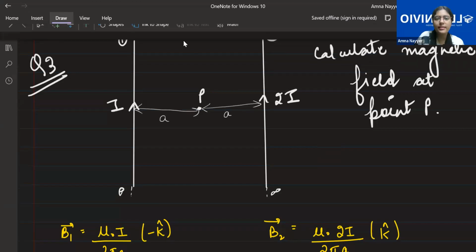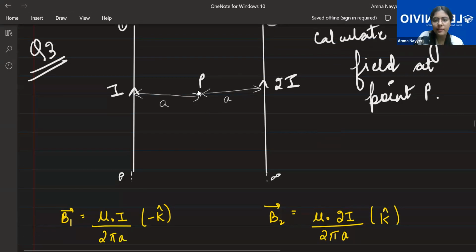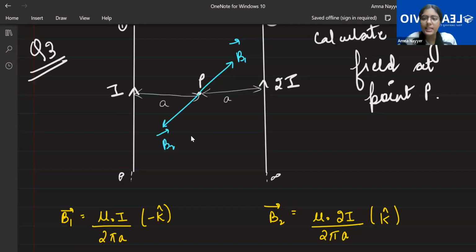So look, at this point, one is going inwards and one is going outwards. This is what we are getting ultimately at this point. Two vectors in opposite direction have to be subtracted, even if you take just the magnitude.